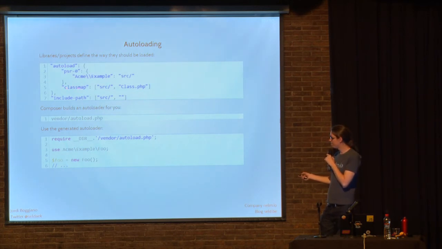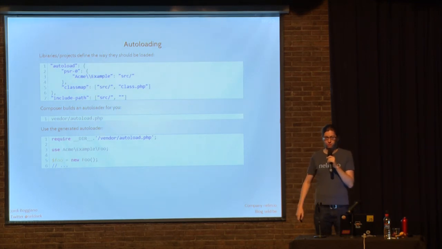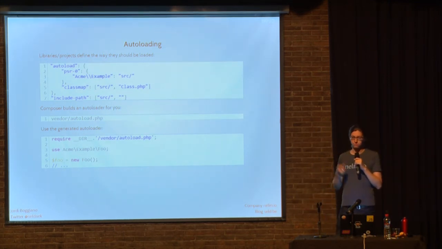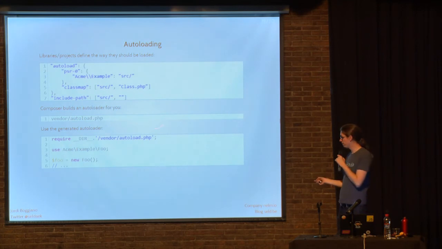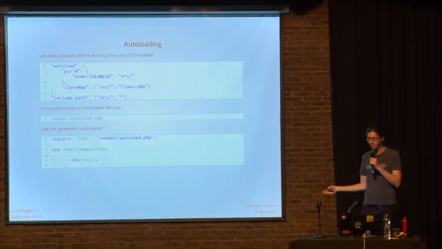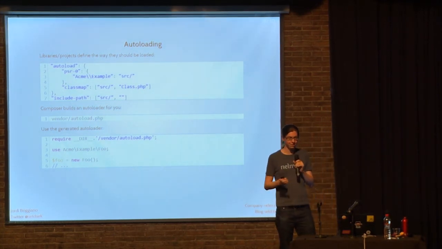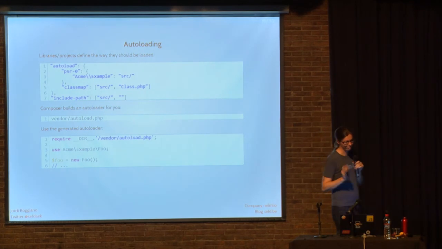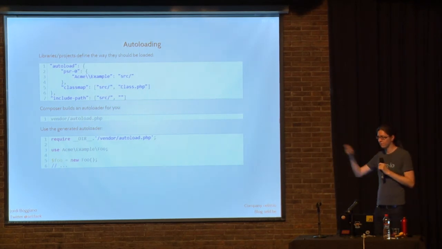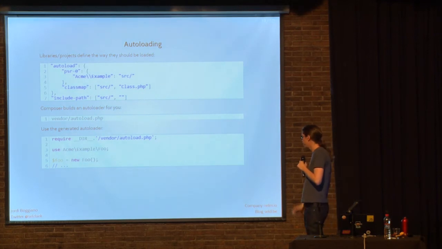So if you type files instead of class map, and then you list a bunch of PHP files, they will just require those. So in this file, there will be a bunch of requires for those files. It's not really nice because they're loaded every time. So it's a bit meh, but if you just have a few of those in your project, why not, I guess.